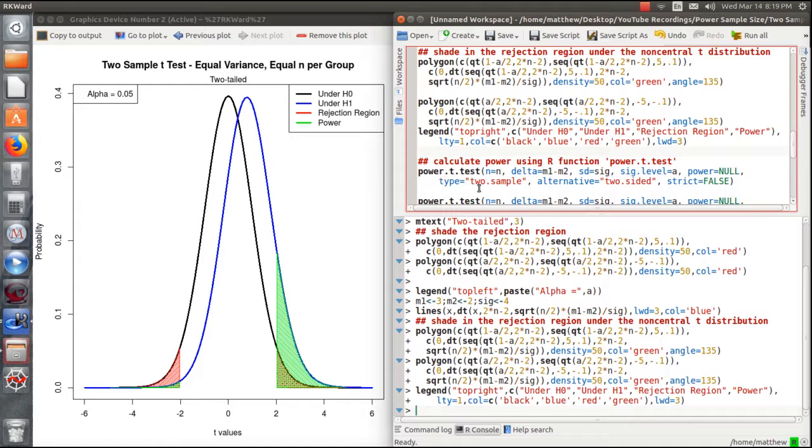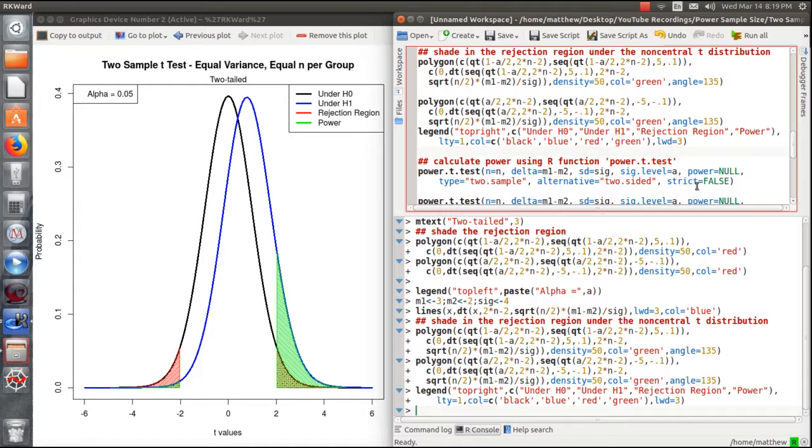Now, to calculate power, R has a function called power.t.test, and you plug in your sample size. We're using 20. Our delta is 3 minus 2. Our sigma was 4, 0.05 alpha level, and we want to calculate power, so we're leaving that null. It's a two-sample, two-sided test. And I'm going to illustrate what this strict parameter does.